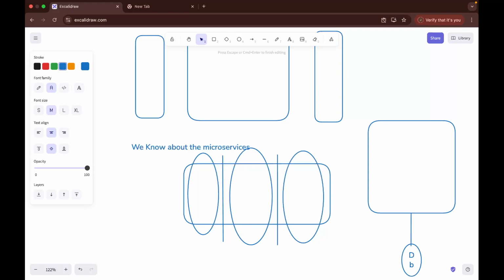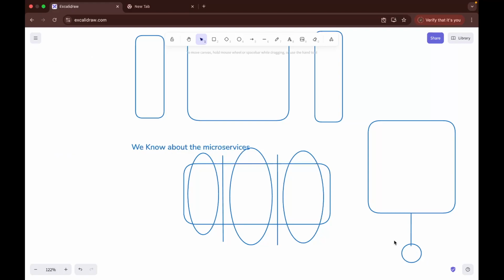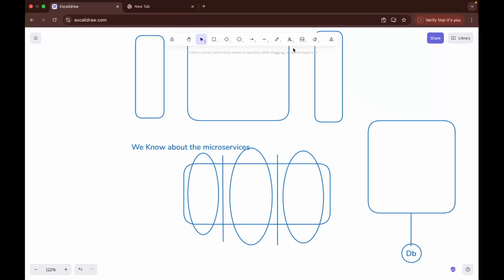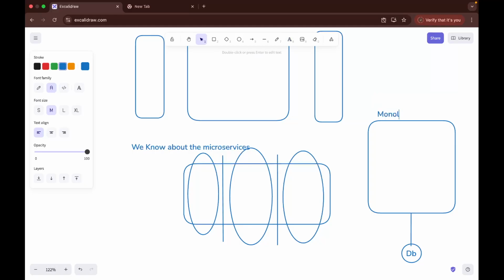This is a monolithic architecture, a traditional approach where the entire application is a single, large and tightly integrated unit.